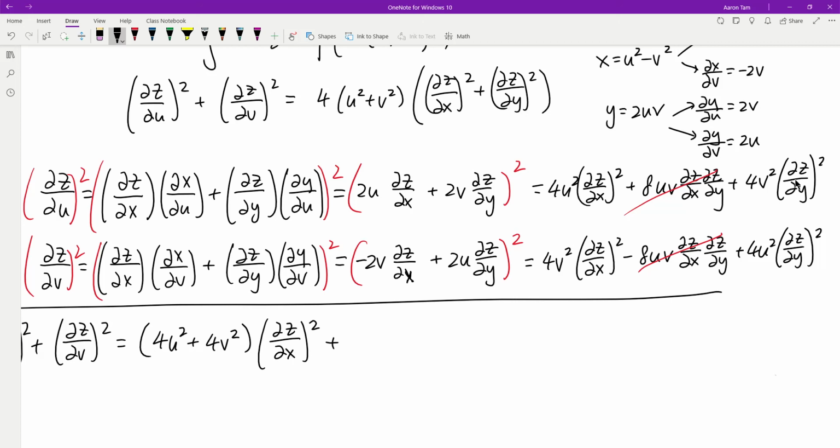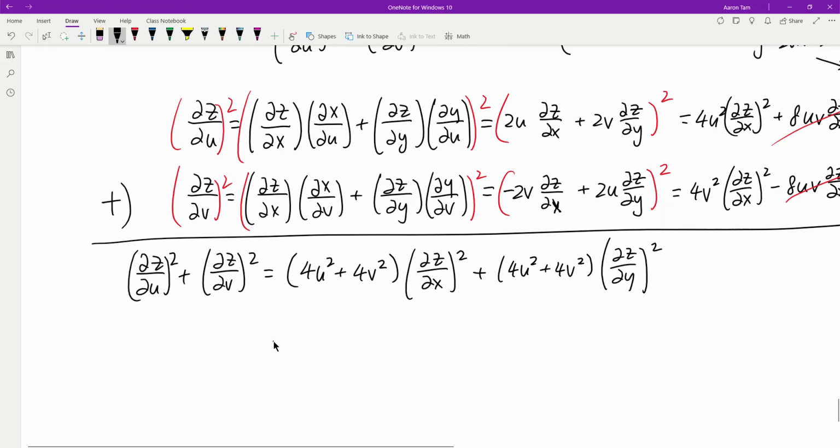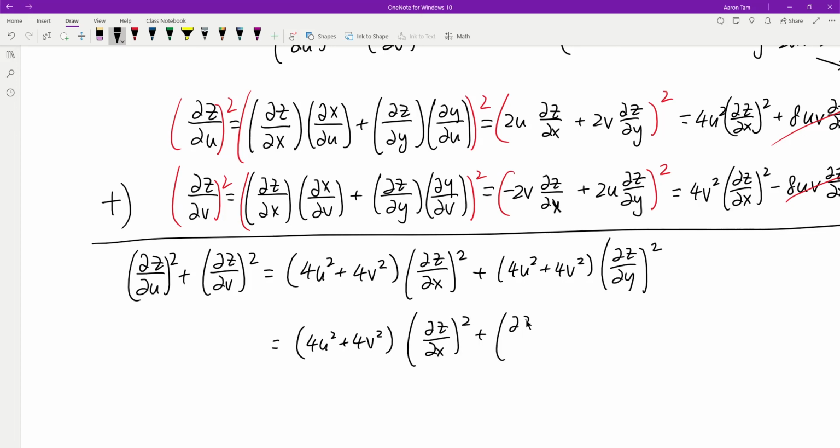Plus, if I add these last two terms together, guess what? I also have 4u squared plus 4v squared multiplied by dz over dy squared. They both have a common factor of 4u squared plus 4v squared, so I'm going to factor it out. That gives 4u squared plus 4v squared multiplied by dz over dx squared plus dz over dy squared.